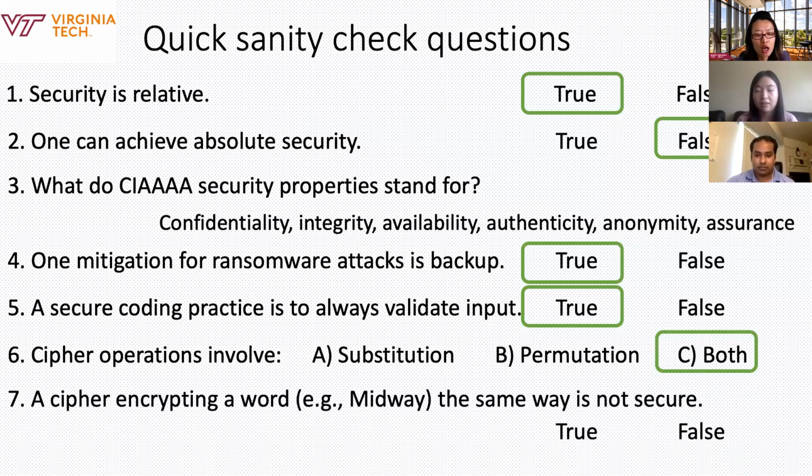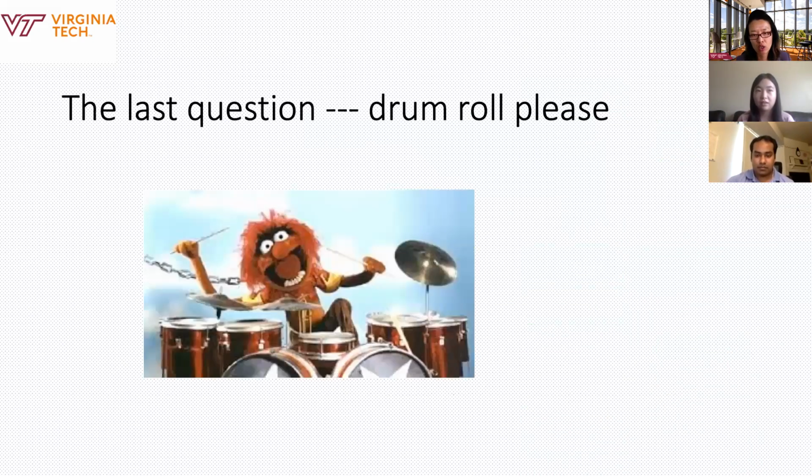A cipher encrypting a word, say Midway, as in Midway Island, always the same way, is not secure. Like if you encrypt Midway as AF, and refer to that as AF all the time, yesterday, today, tomorrow, it's not secure. True, right? So it has to be changing.